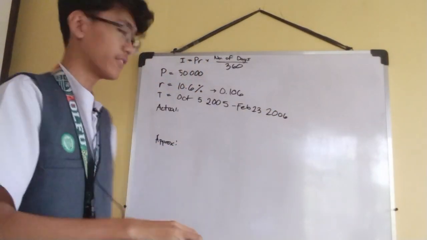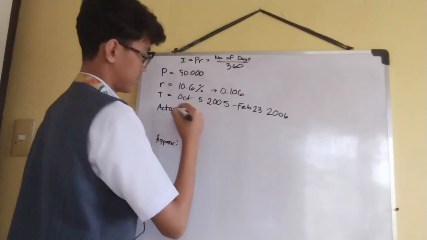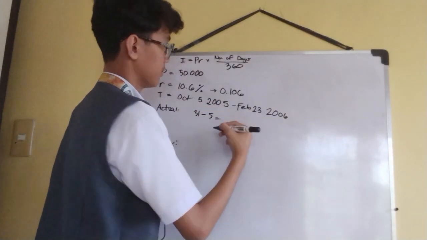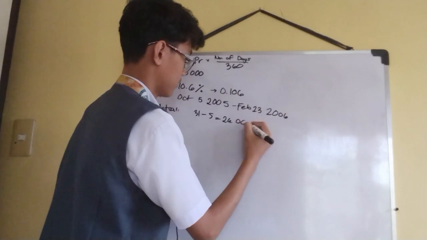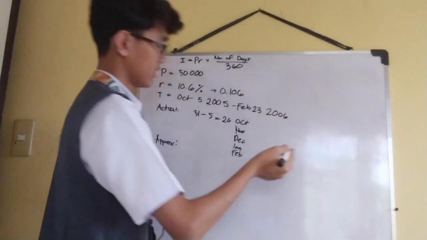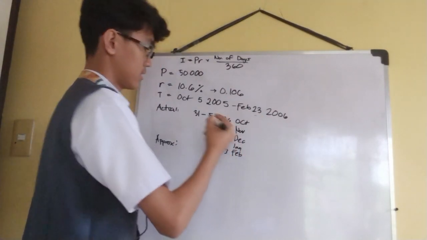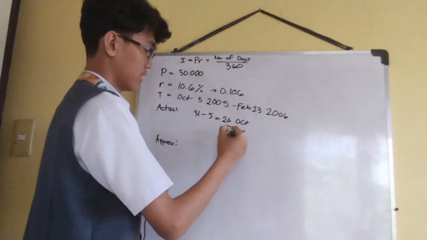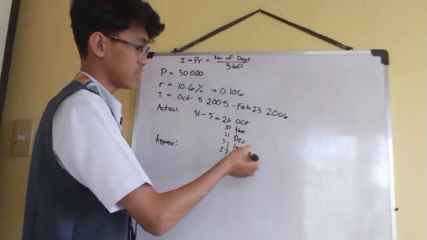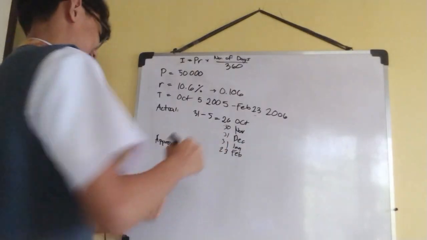Okay, let's start solving. Our actual time, since October has 31 days, that'll be 31 minus 5, that'll be 26. Then list all the months between these two, February, get the number here. Then since October is 31 here, we can write 30 on November and 31 here, then 31 here again for January. Then calculate, and that is our answer.